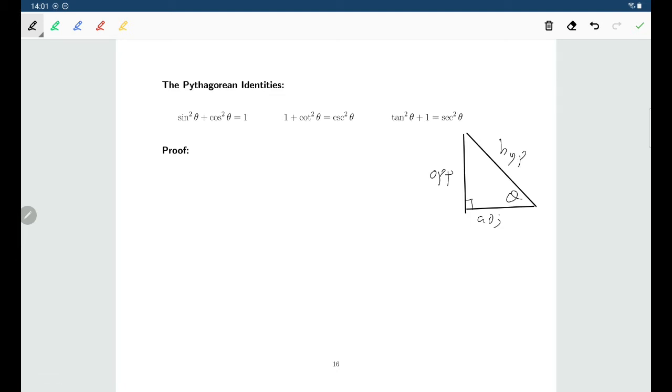Okay, so the fact that we know is by the Pythagorean theorem, you know that the hypotenuse squared is equal to the opposite squared plus the adjacent squared.